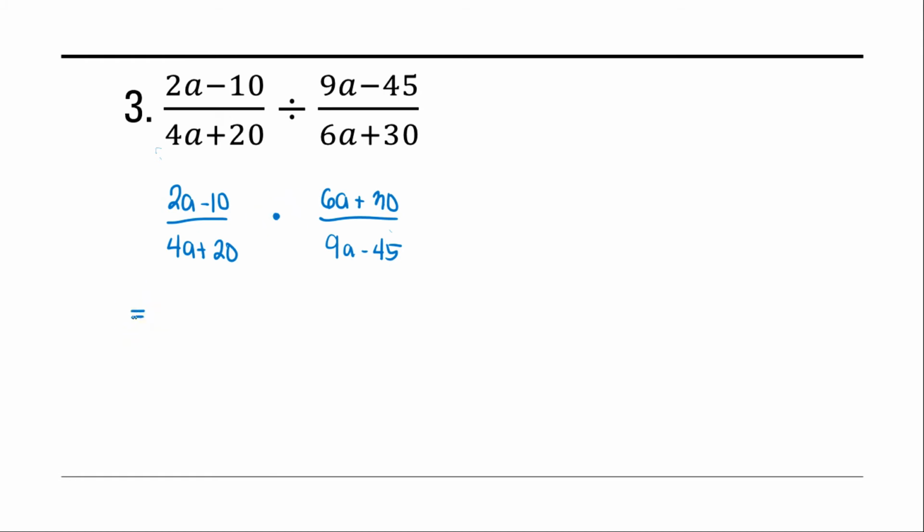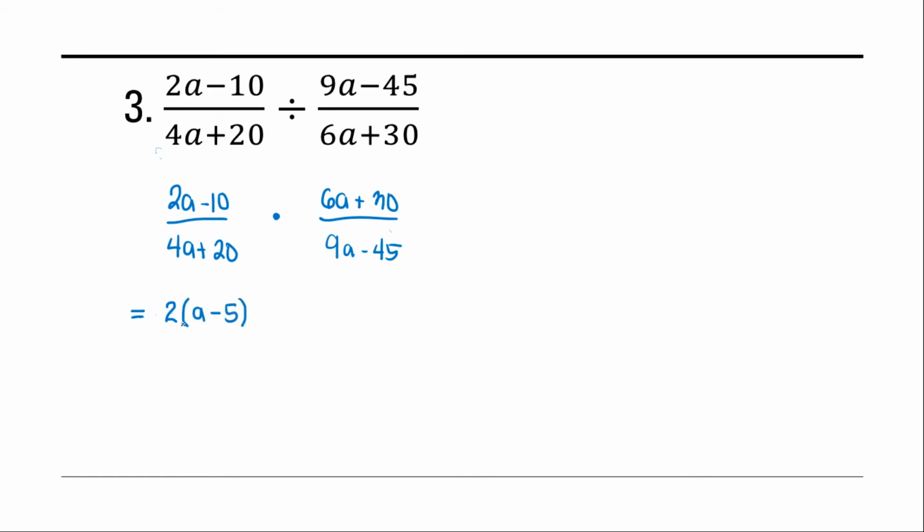In this example, we simply have to factor the given expressions so we can cancel out the common terms. So we have 2a minus 10. We can factor this out by factoring the GCF, which is 2. And then 2a divided by 2 is a.